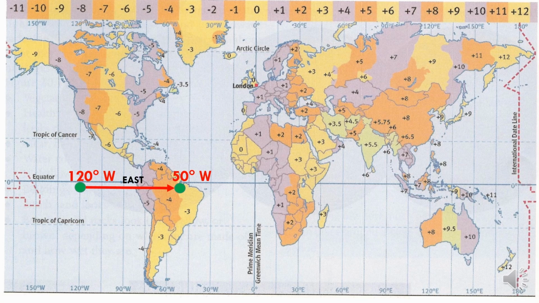Therefore, we will add our difference in time between the 120 degrees west and 50 degrees west to the time that is already stated at 120 degrees west. And this is the reason why we add, because 50 degrees west is located east of 120 degrees west. Remember, the further east you travel, the more you gain time. Therefore, you are going to add.